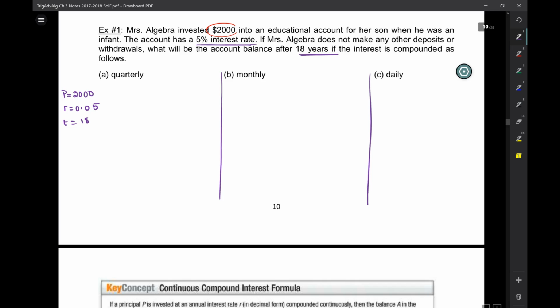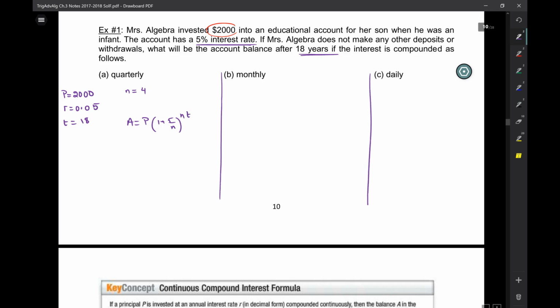And what's N for quarterly? 4. Now, if you would like full credit on homework and tests and quizzes, I would like to see you write down all of this information, okay? The next step is write down the formula. P times (1 plus R over N) to the NT.